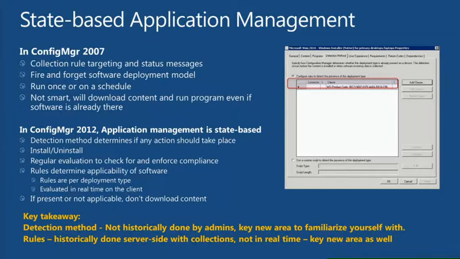So the key takeaway here is that this was not done by the admins. This is a new area, and if you are planning to migrate to 2012, this is something that you need to think about, get familiar with the concept so that you will be able to migrate to the new application model successfully.